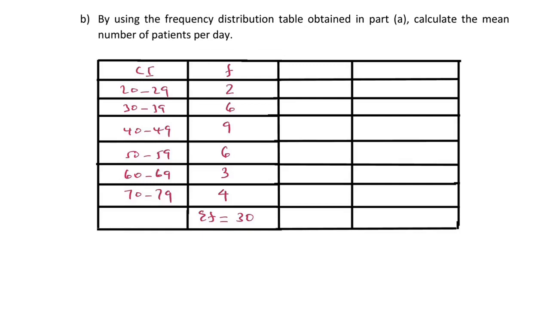Part B of the question, by using the frequency distribution table obtained in Part A, we are supposed to calculate the mean number of patients per day. Okay, so to calculate the mean, let us recall the following formula, which says mean equals summation of x times f over summation of f, of which f is the frequency and x is the class mark given by the average of the class limits.